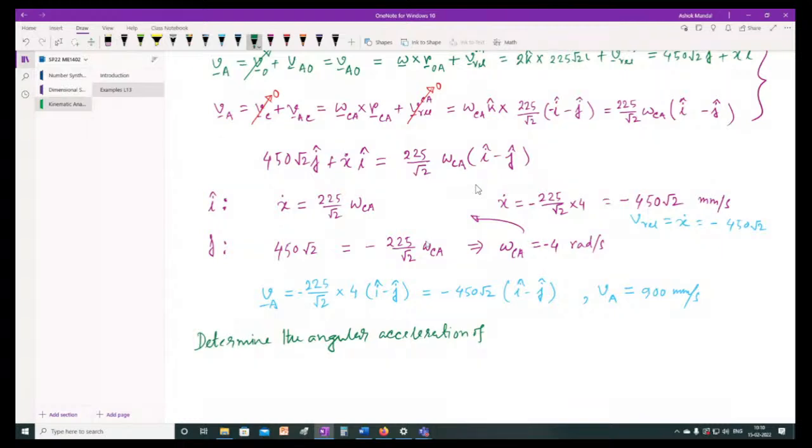Now let me write this question. Determine the angular acceleration of AC and the acceleration of A relative to the rotating slot OD.